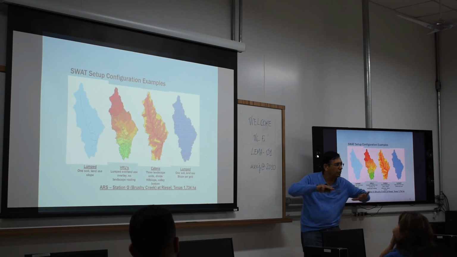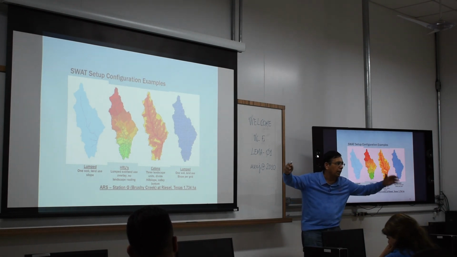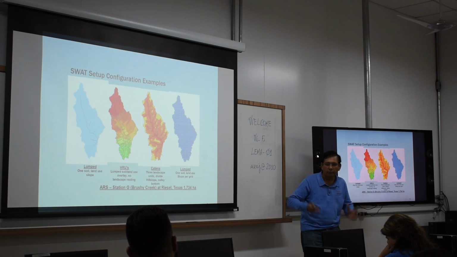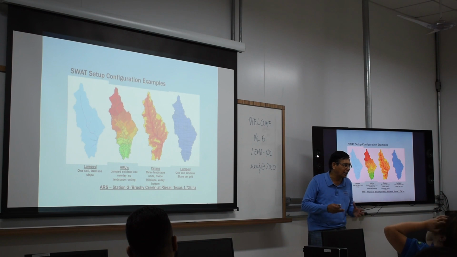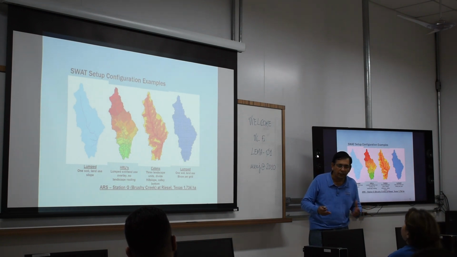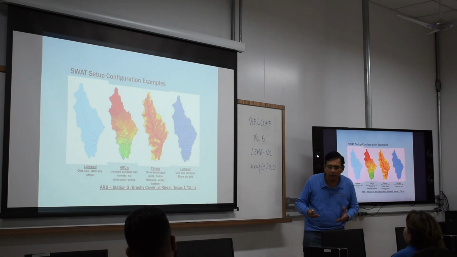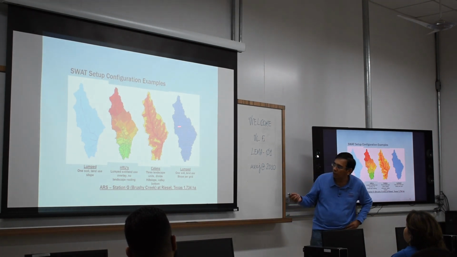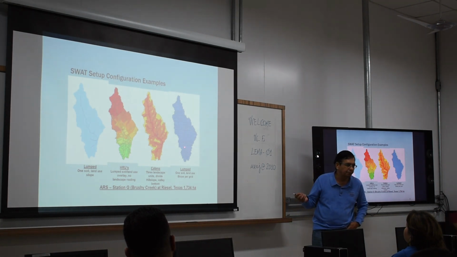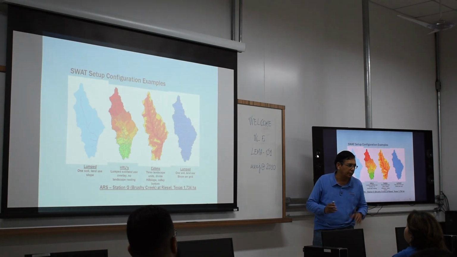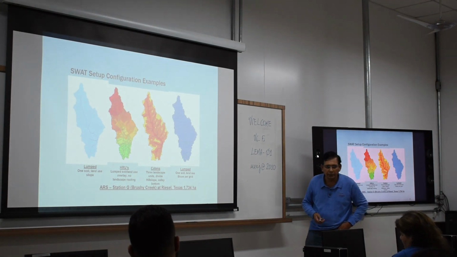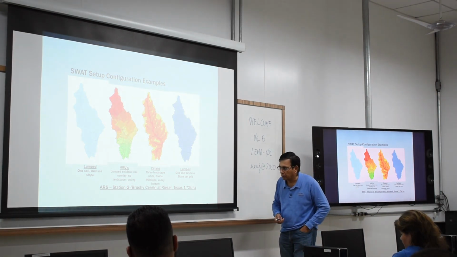So you can have three or multiple zones, and within each zone you can have HRUs. It's a lot more detailed, more spatially explicit manner to capture the variability of land use, soils and slopes. Or you can set it up as a grid. You can set up your model with the same data set in any one of these configurations, depending on your application and how you want to model the watershed.